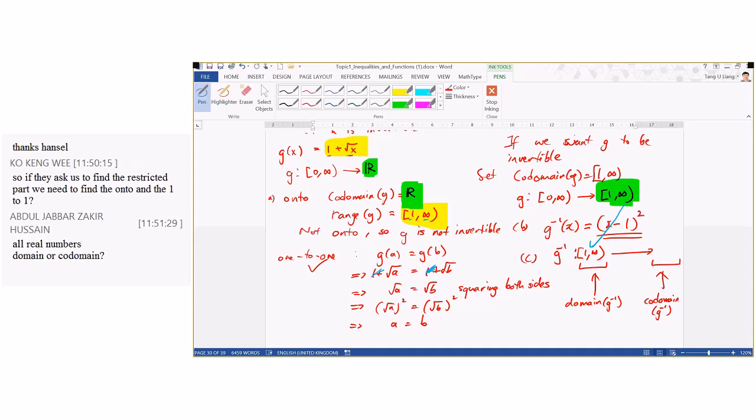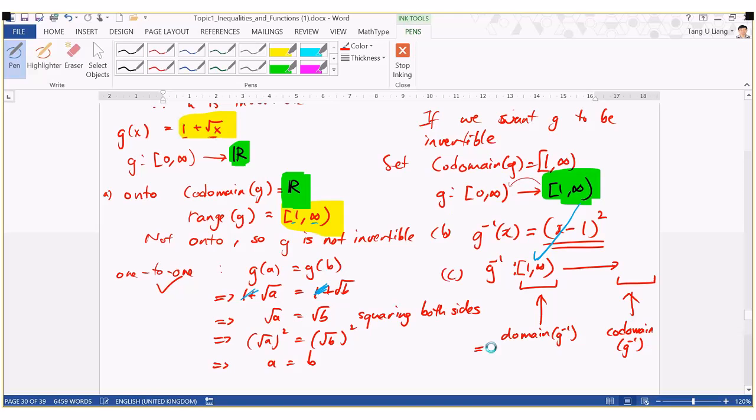The codomain of G inverse, okay everyone, must be the domain of G. So it's actually 0 to infinity, the other way around. Remember, inverse is supposed to reverse arrows, like swapping around the sets.